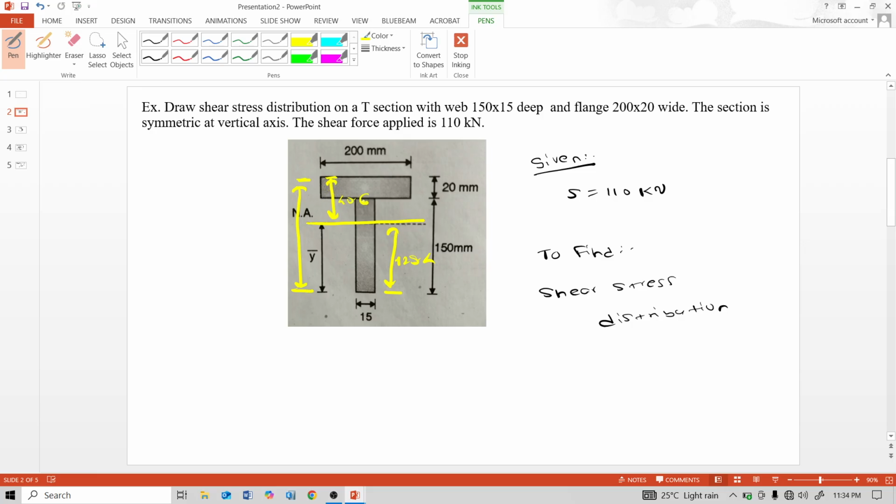This distance is 40.6, and minus 20 by 2, deduct this distance 10 mm. This means the CG of area above junction with respect to this much distance is 30.6.